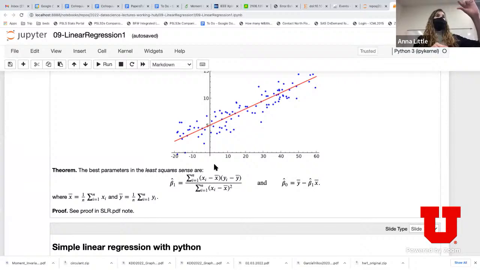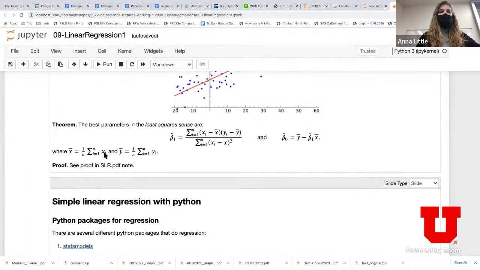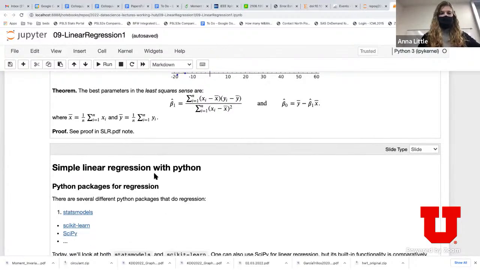If you want to minimize that squared distance, you can work out the calculation. We won't go through the details, but this intercept and slope can be computed explicitly from the data with these formulas. We'll just use Python to compute them. If you're interested in the math behind this, there's a little note in the repository in the folder from today, slr.pdf, that you can check out.